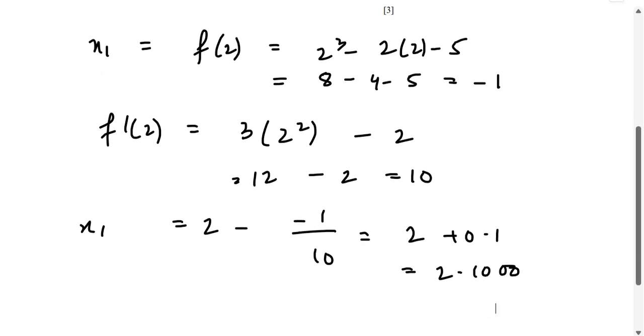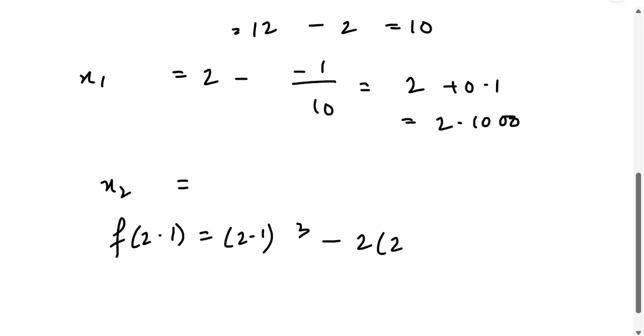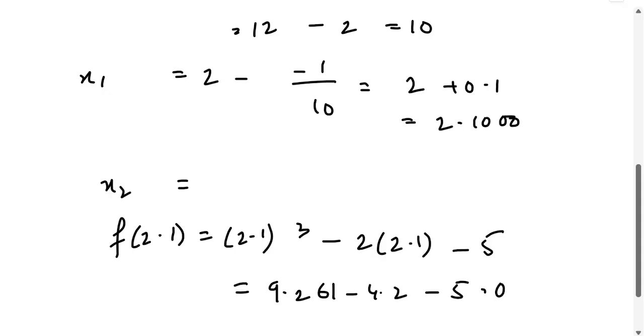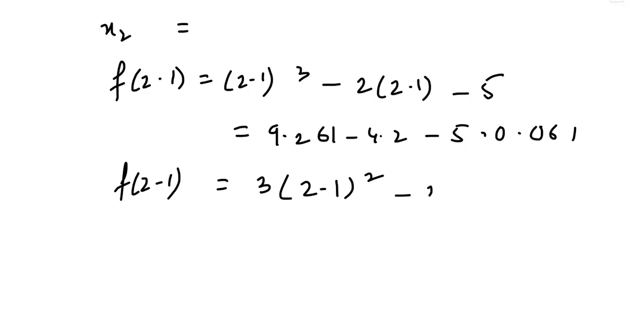So now we compute x2. So here f(2.1) is equal to 2.1 cube minus 2 times 2.1 minus 5. So that comes to 9.261 minus 4.2 minus 5. So that is 0.061. So again for f prime 2.1, that is 3 times 2.1 square minus 2.